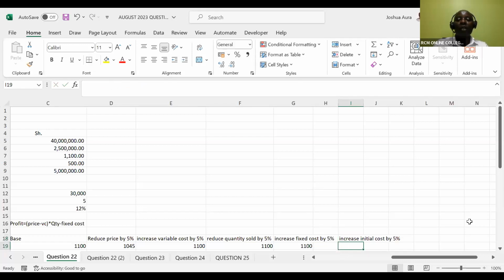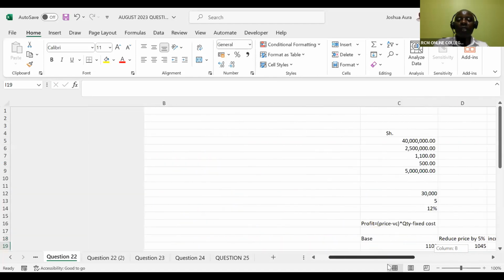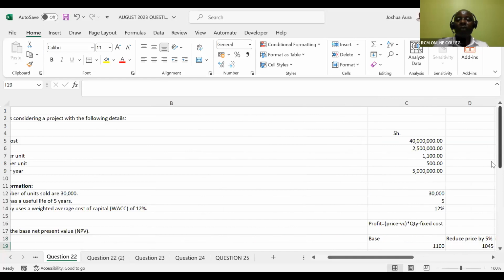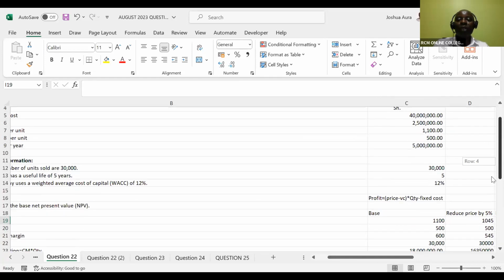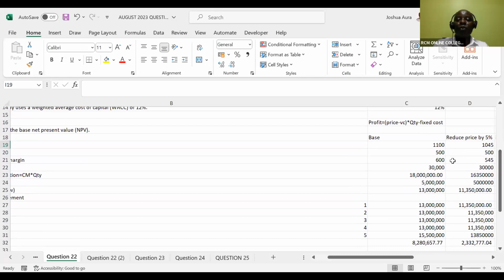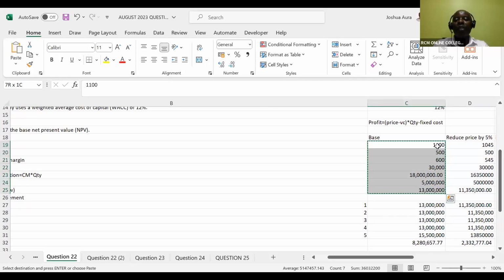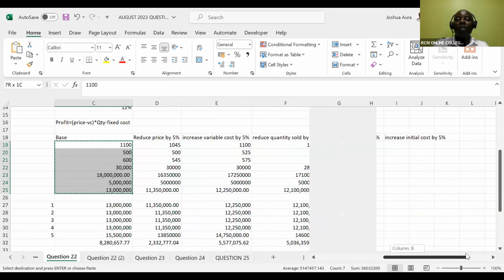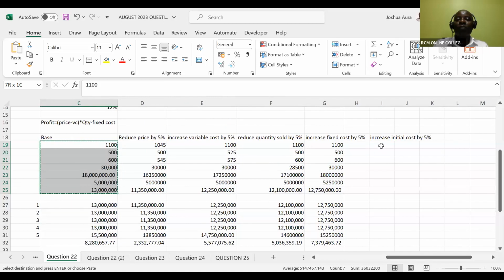So abracadabra. So first of all, you copy what? Go to the base and pick it, up to profit. So control shift down arrow, control copy. Then you move back here to this initial cost. Put it here.